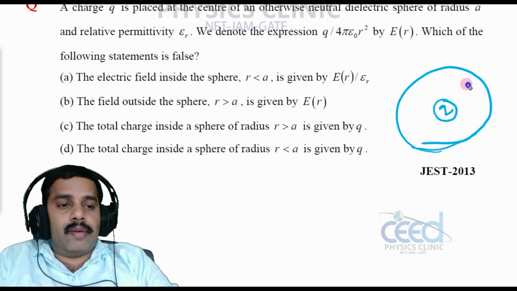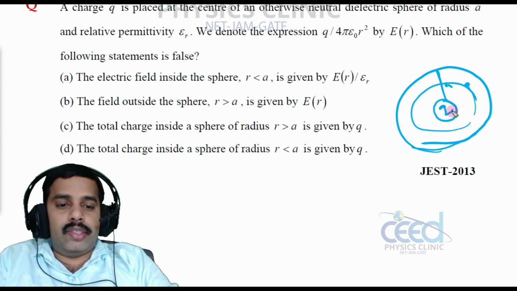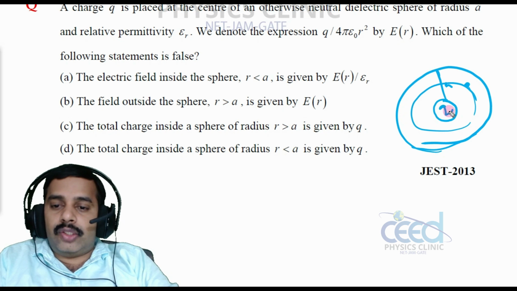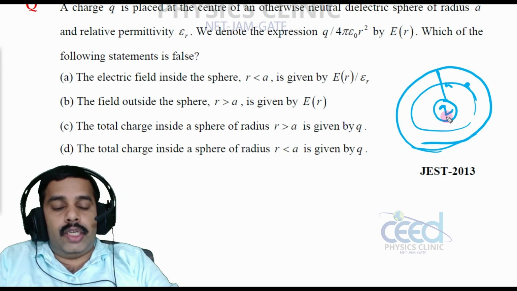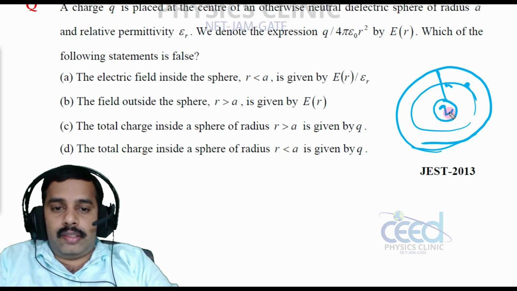If you consider a point with r less than a, at the center there is a charge q. So that is also correct.